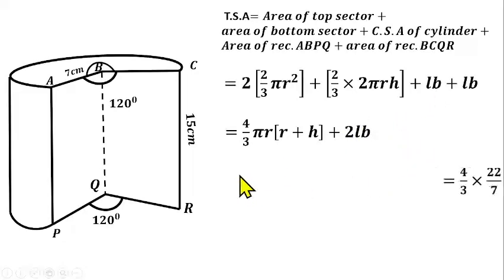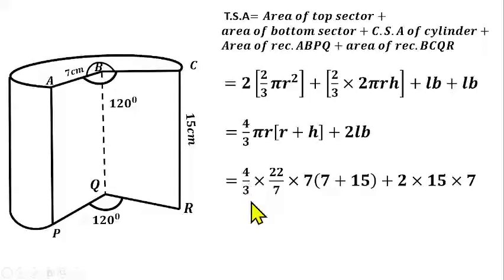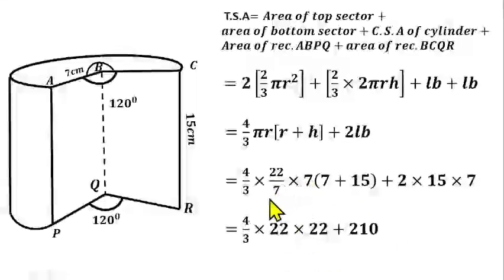From there we can substitute the values. We have 4/3 times pi, which is 22/7, times the radius, which is 7, into 7 plus 15, plus 2 times the length, which is 15, multiplied by the breadth, which is the radius, 7. From there, if you simplify further, the 7 will take care of the 7 here.